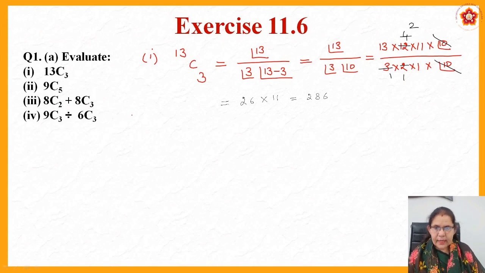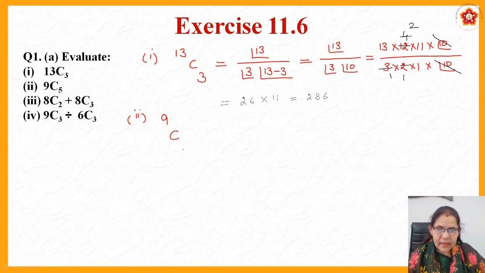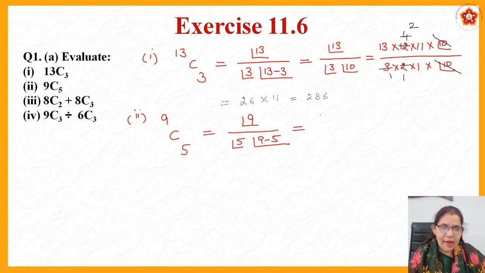Now let us look at the second part. Second part is 9C5. So what will we write? Factorial 9 upon factorial 5 and factorial 9 minus 5, which is 4.